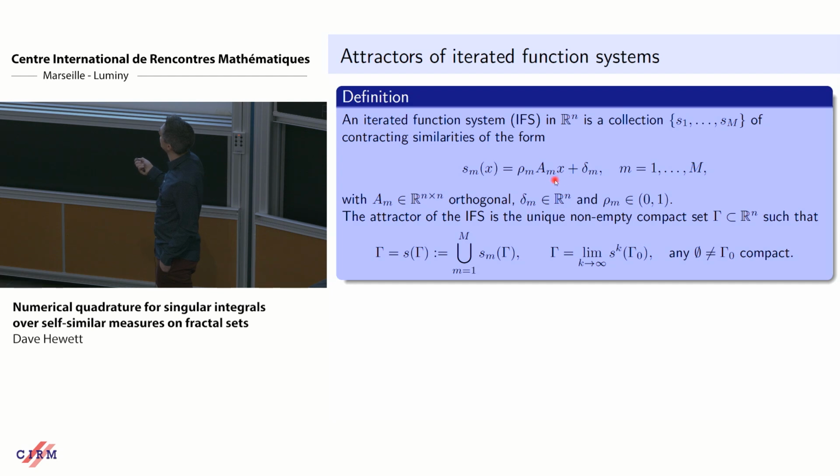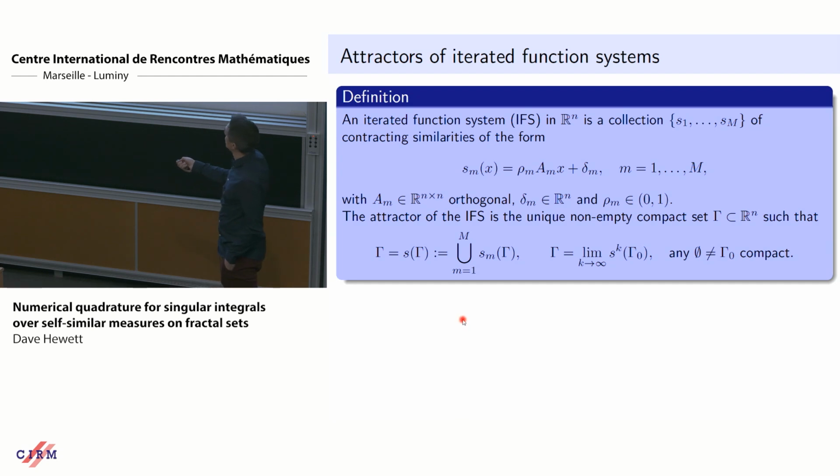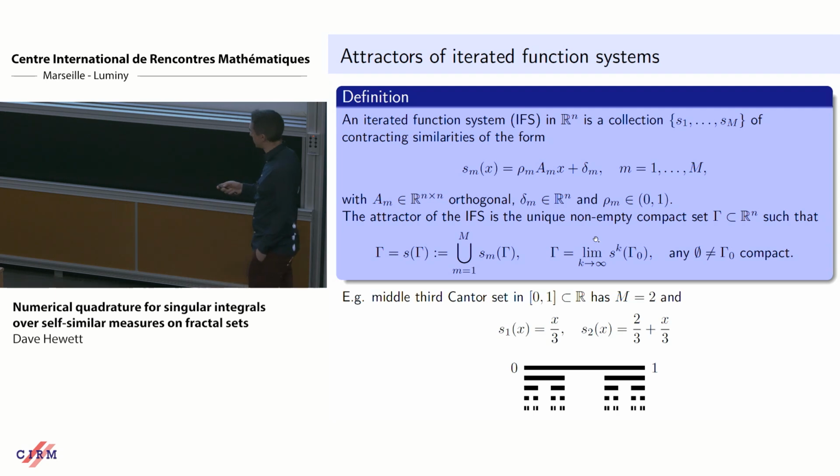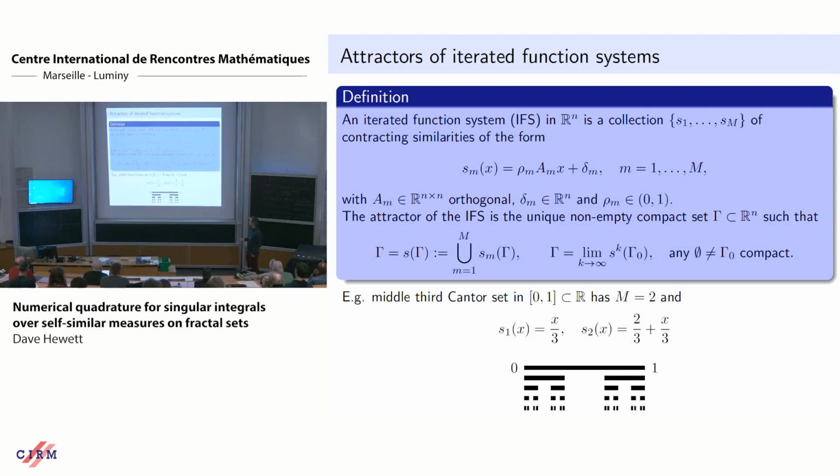So they always have this same form, and this is how we'd specify the mappings in the IFS. And then the attractor is the unique non-empty compact set that is invariant under this map, and it can be recovered as a limit of this fixed point iteration by this map. And Cantor's set is the simple example.